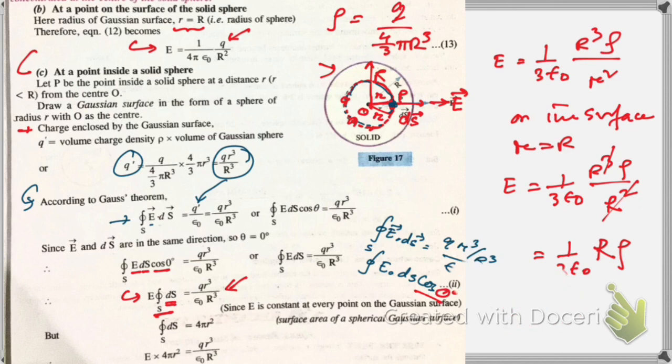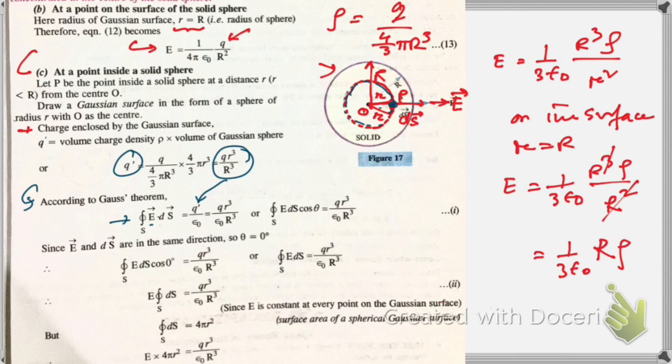Now let me clean this. Now you can see the surface area of this Gaussian surface is 4 pi small r square, right?